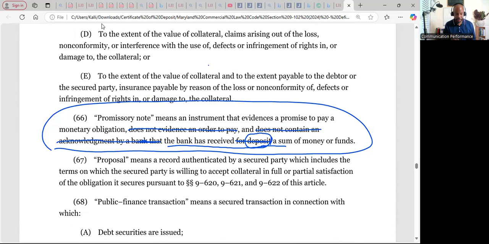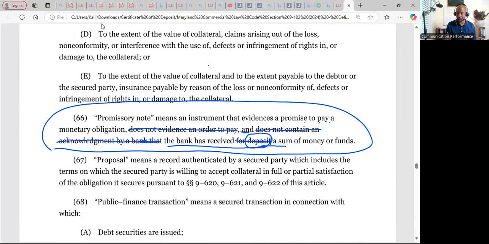So let's read it again. The promissory note means an instrument that evidences a promise to pay a monetary obligation, and the bank has received a sum of money or funds, right? And because it receives a sum of money or funds, then it owes you a deposit.